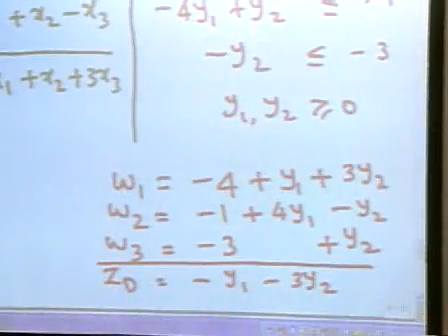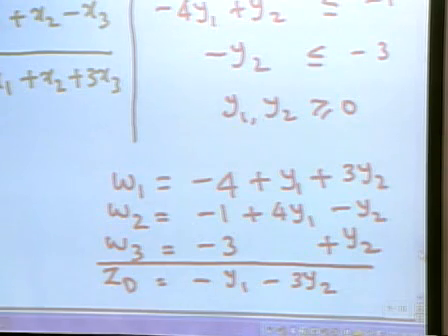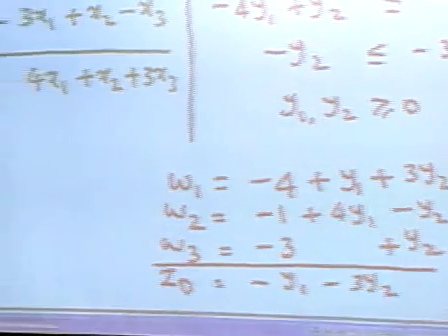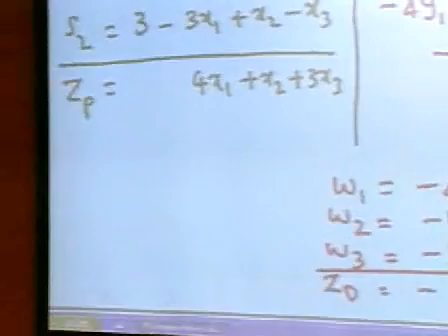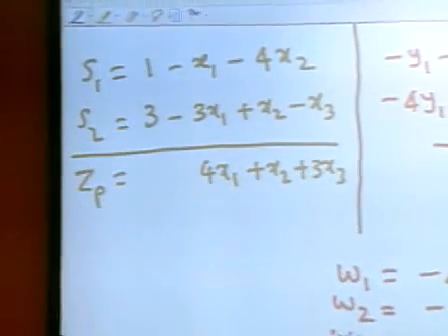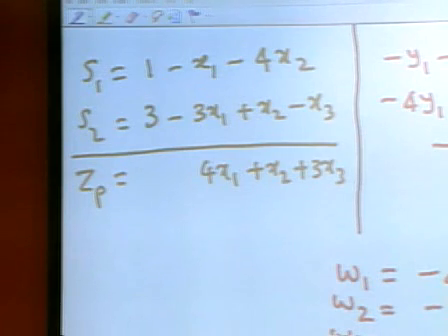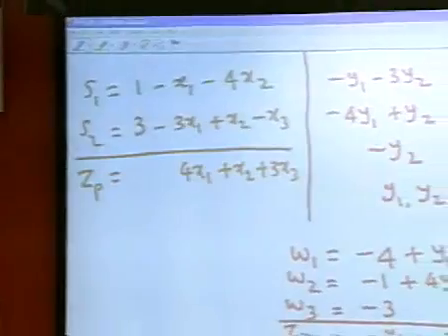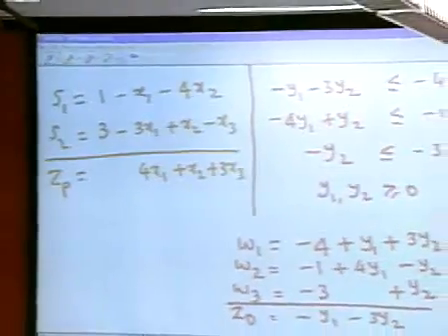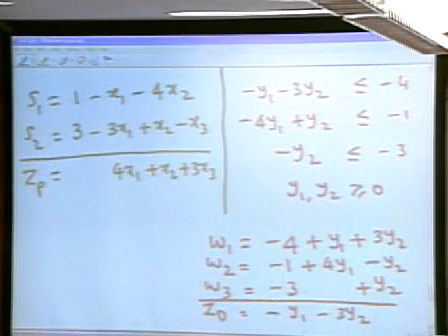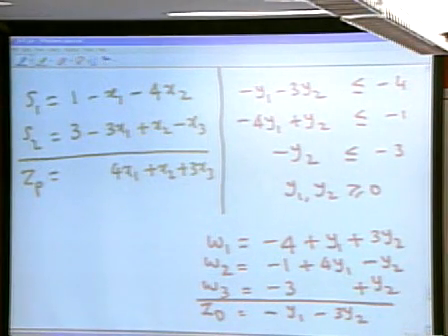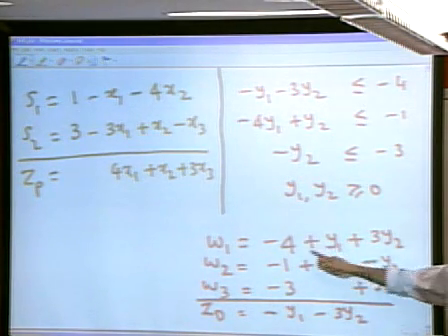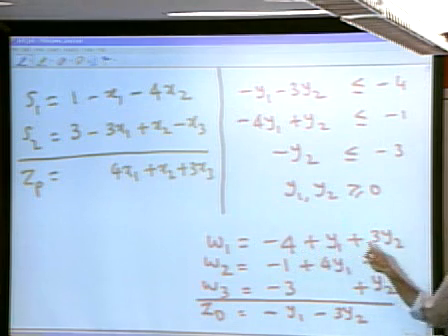So, look at the second column of the green dictionary. You have -1, -3, and 4, the X1 column. Because if you look at the W1 row, you get -4, 1, and 3.